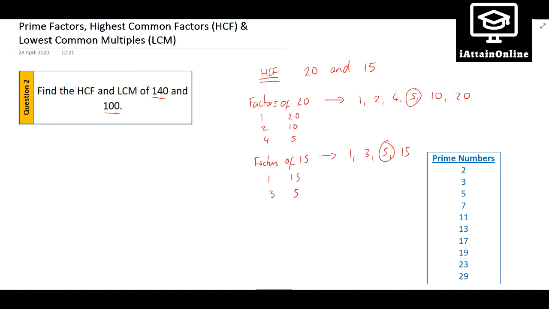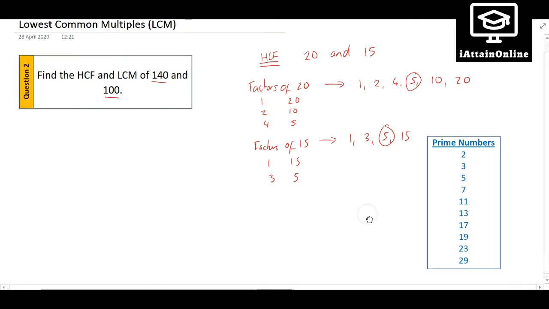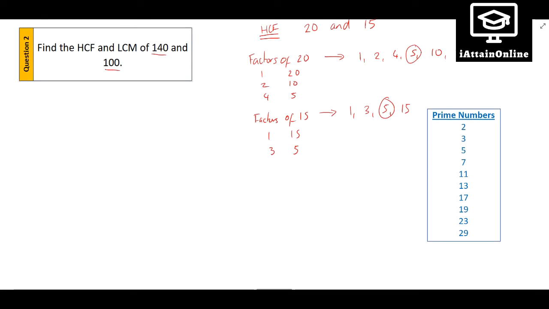However, when the numbers get a bit bigger, that method becomes a little bit more tricky. So I'm going to do this question in the slightly more advanced way. The way you're going to do this is we're going to start by doing a prime factor tree and finding the prime factors for 140. So I'll just do this here.